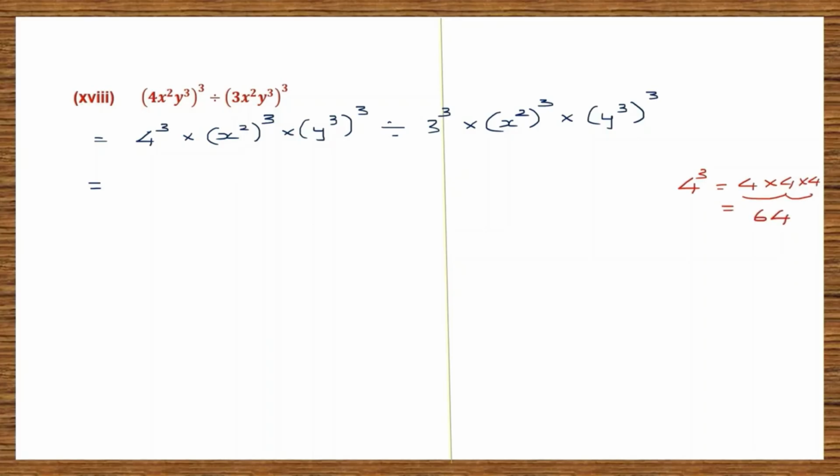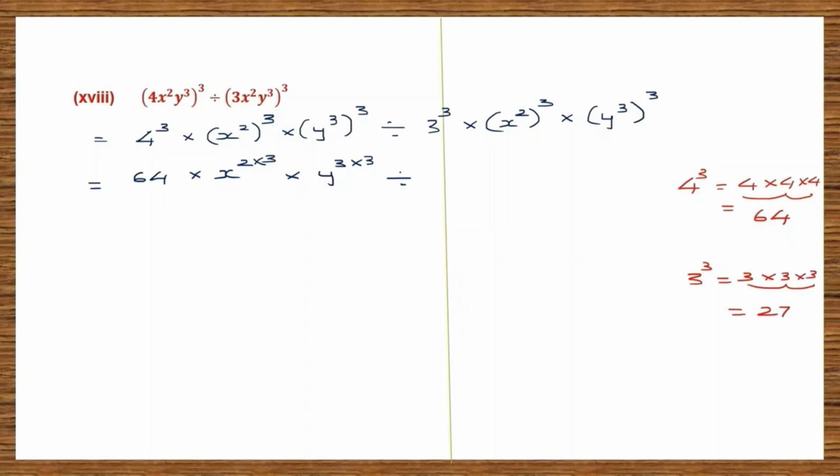So the first one we got as 64 into, now x to the power of 2 raised to the power of 3 means x to the power of 2 into 3, into y to the power of 3 into 3, divided by, now here we have 3 raised to the power of 3. So 3 raised to the power of 3 is 3 into 3 into 3. 3 3s are 9, 9 3s are 27.